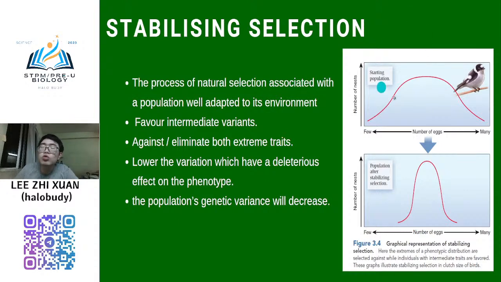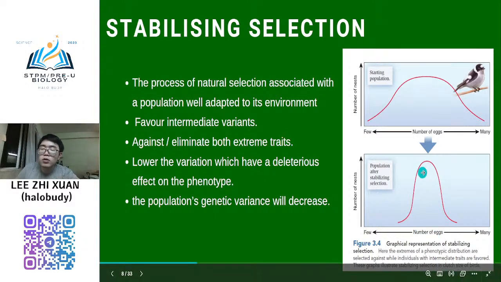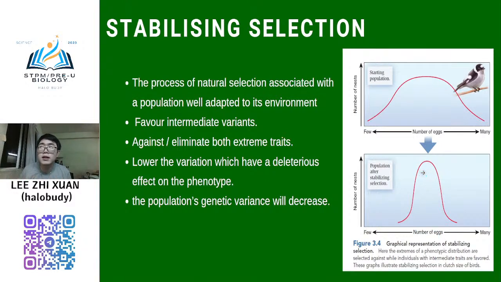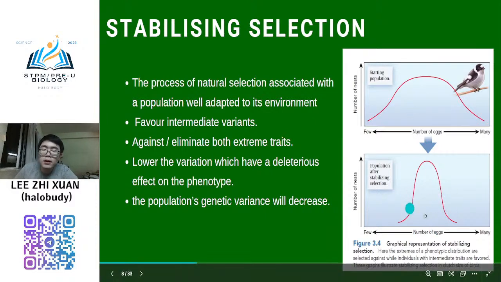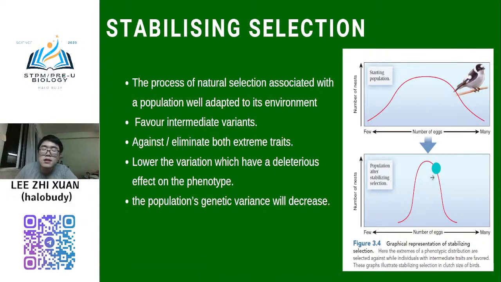But compared to the normal one, the rate of egg production can be very broad. It can be maybe 20, 30, 40, 50, 60, 70. But for this one, the average value is only 50 or 60, because the number of eggs produced by this bird is intermediate.